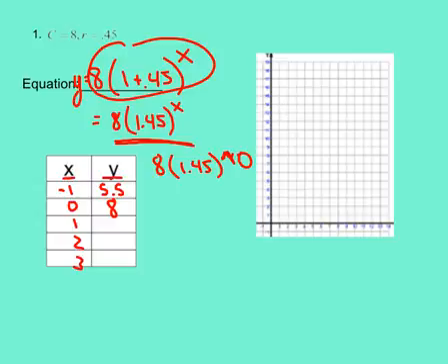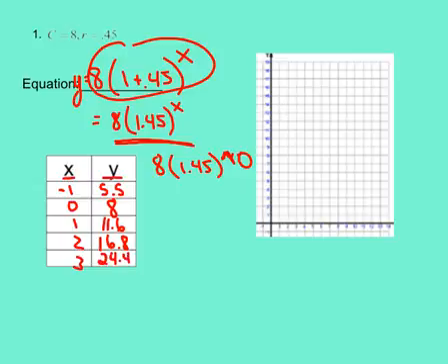Now, if I change the exponent to a 1, you're going to get 11.6. If I square it, you should get a value of 16.8. And if you cube it, you get 24.4.